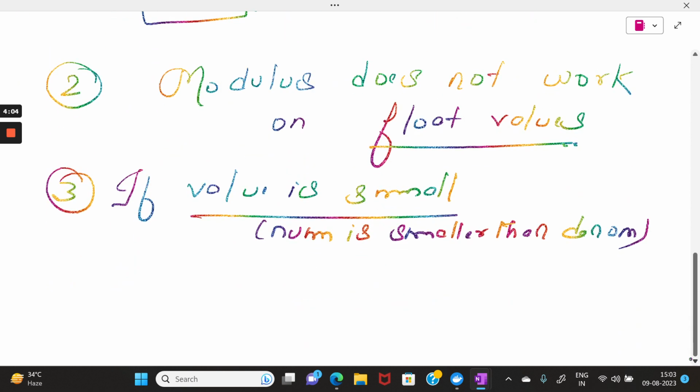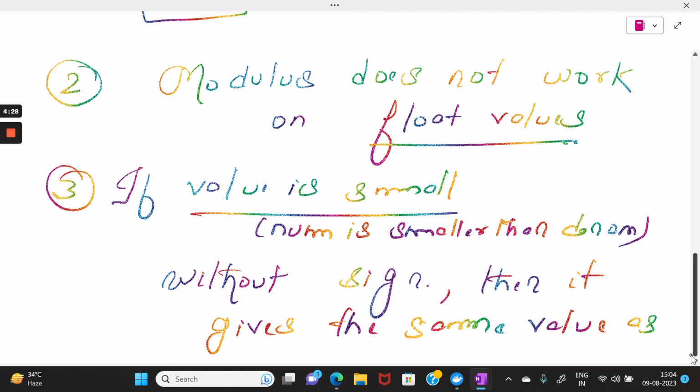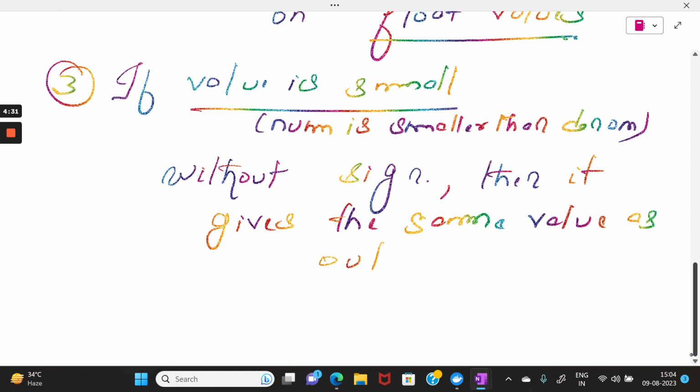If the numerator is smaller than the denominator without sign, meaning the positive part, then it gives the same value as the output. So when the numerator is smaller than the denominator without the sign, after applying the modulus operator we get the same numerator as the output.